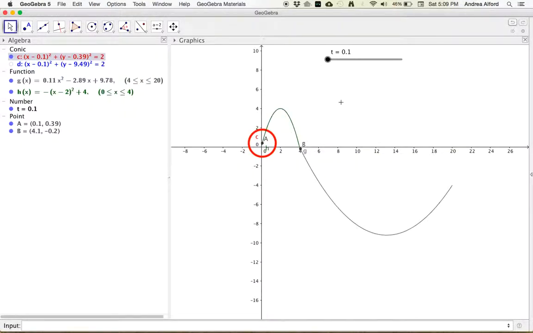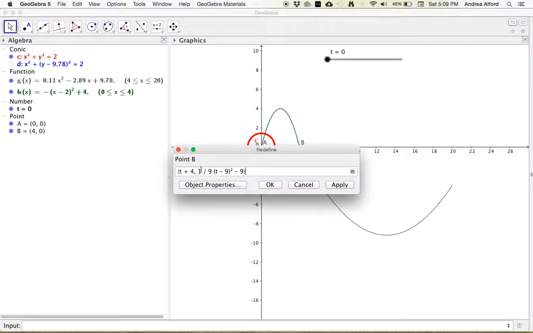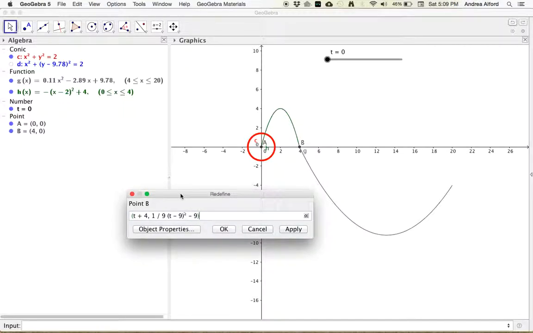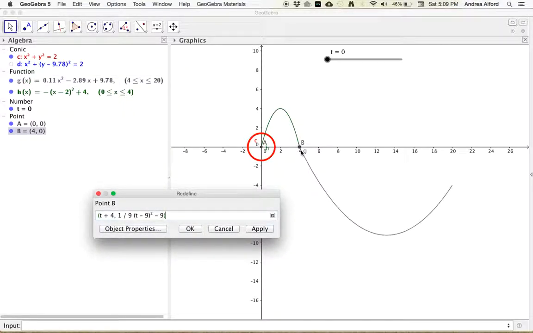So for the second point, I looked at where my center was. This made my point B. I wanted my B point to have an x coordinate that started here at t plus 4, and I wanted the y coordinate to follow along the parabola. I didn't want the beginning here.